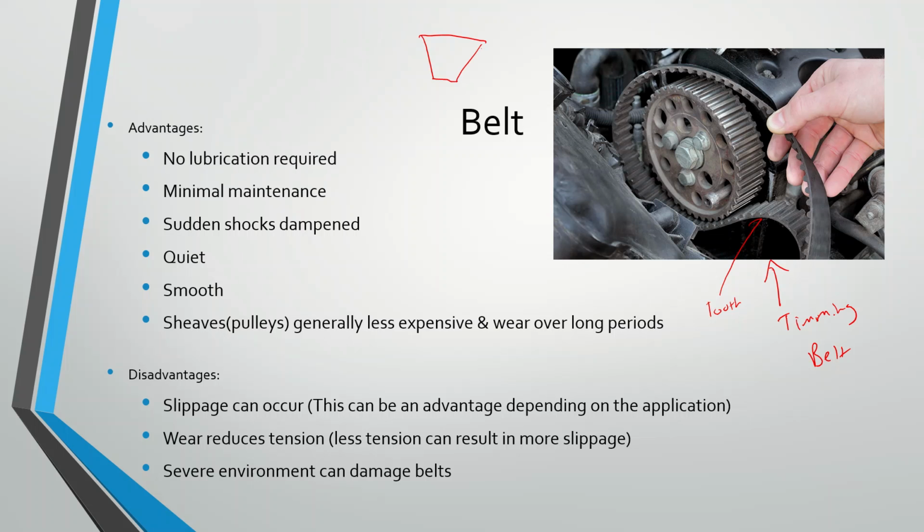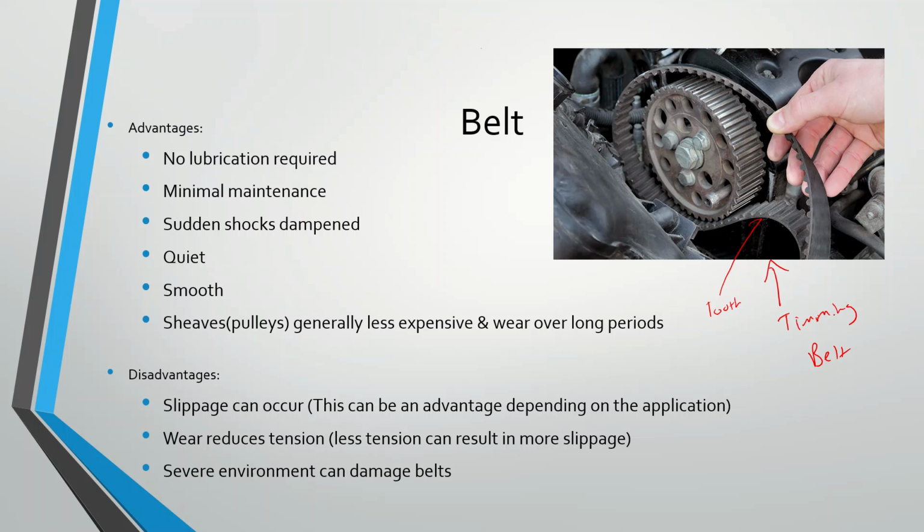V belts are used in lots of industrial applications where you need motion transfer, but it's not necessarily high torque or necessarily needing to have a 1-to-1 ratio. In other words, if the belt were to slip, it wouldn't be an issue.